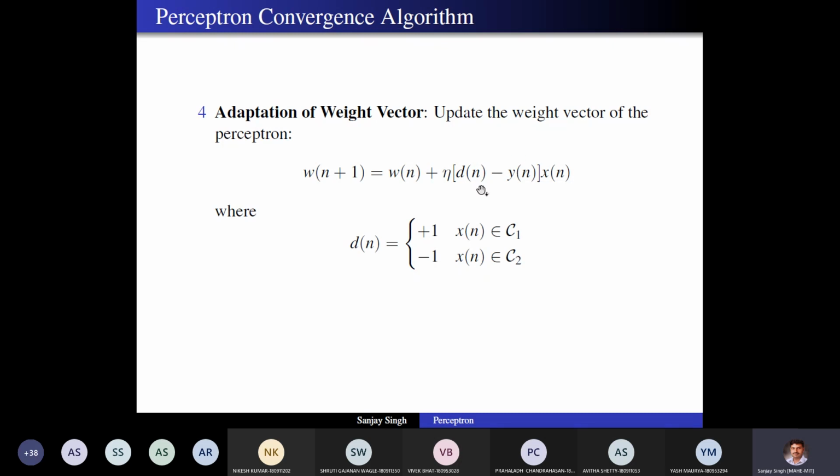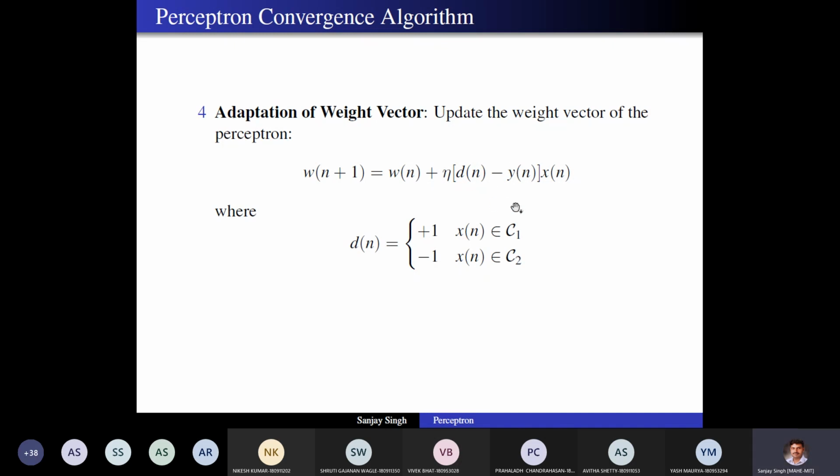Now, when this term d(n) minus y(n) comes out to be positive, it can be +1 or -1, whatever, then you add a scaled version of the same pattern to the synaptic weight.